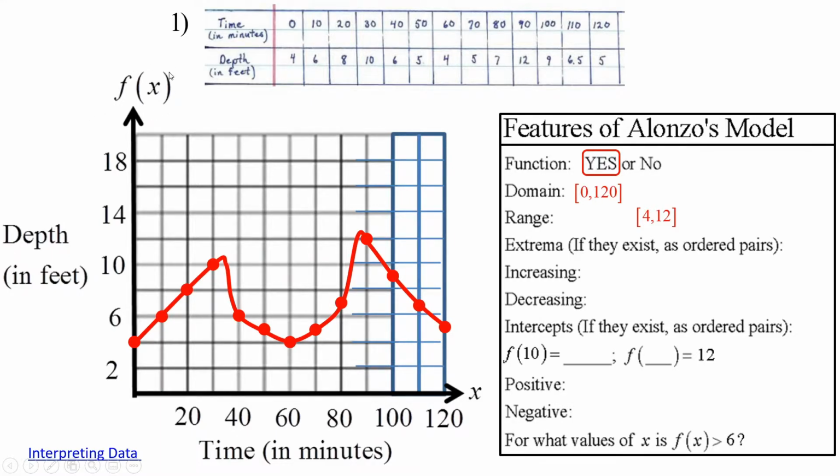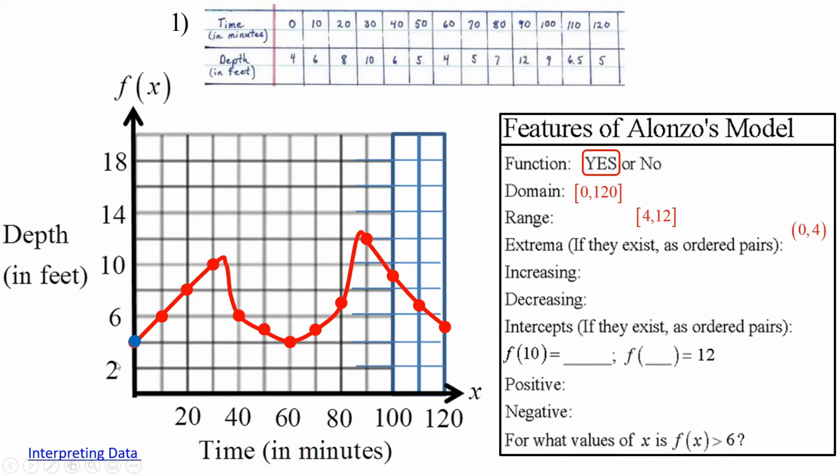Okay, extrema. If they exist, that's ordered pairs. So I need the lowest point or points on this graph and the highest point or points on this graph. So, extrema. Well, that looks like a minimum value, and I need to write the coordinates of this point as an ordered pair. So when x is 0, f of 0 is 4. So that's the ordered pair, (0, 4).